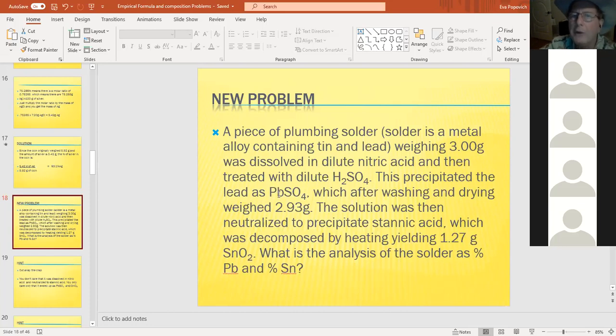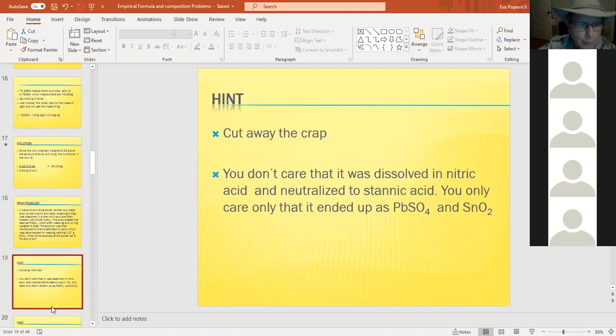We can get the percentage of lead in lead sulfate by taking the atomic weight of lead, which is 207, and divide that by the total molecular weight, which is 207 plus sulfur, 32, plus 4 oxygens, which is going to be, I gotta look it up.